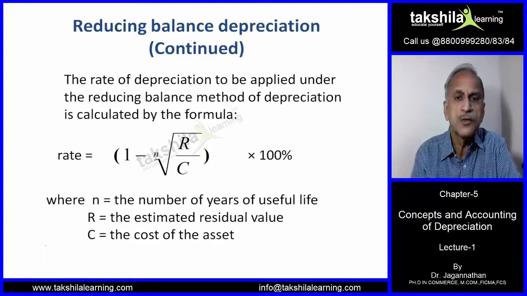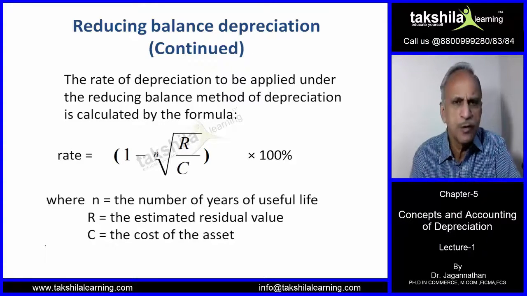This is the formula to calculate the rate. But of course, you need not calculate. These are all available nowadays in statistical tables. N is the number of years of useful life, and you take the nth root. If 2 years, square root. If 3, the third root, like that.